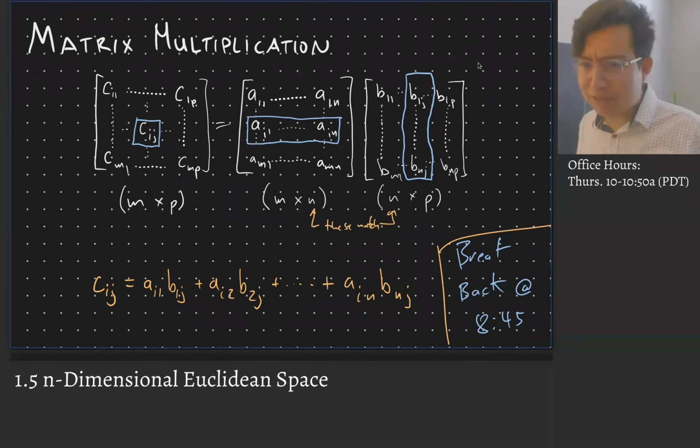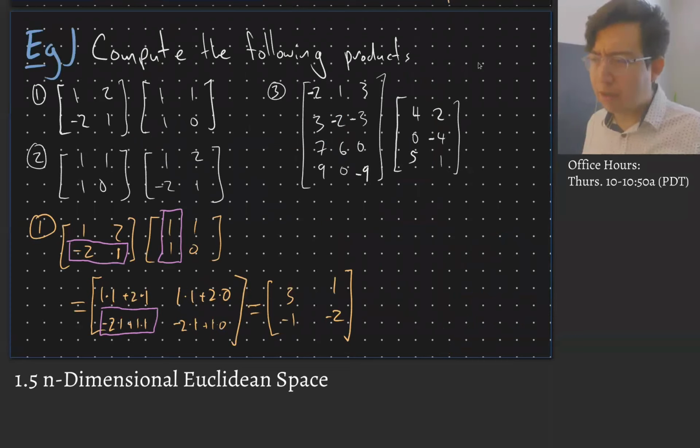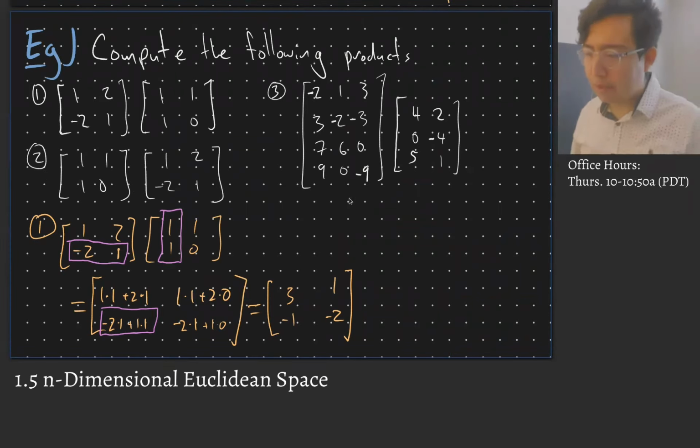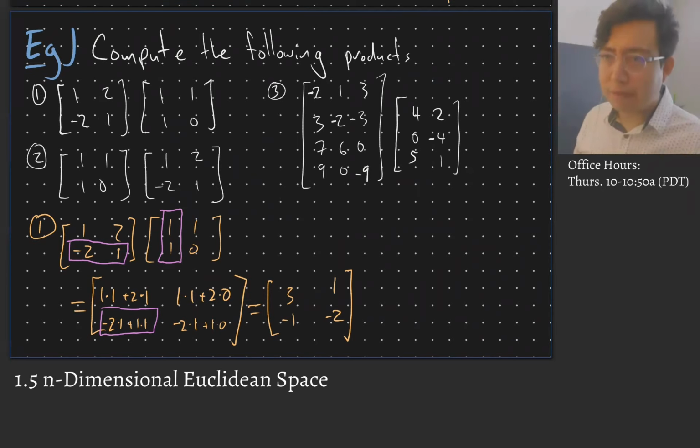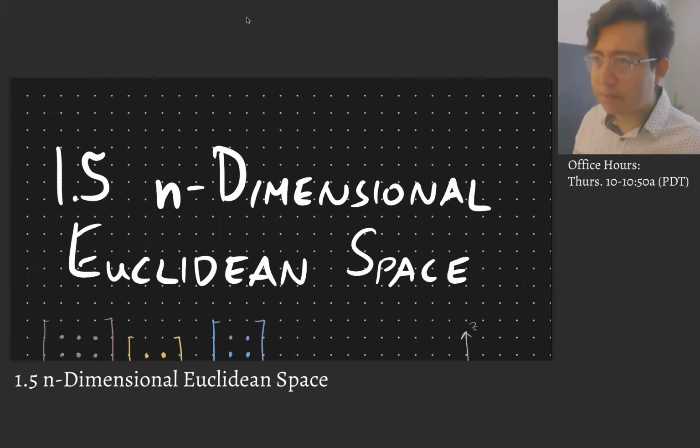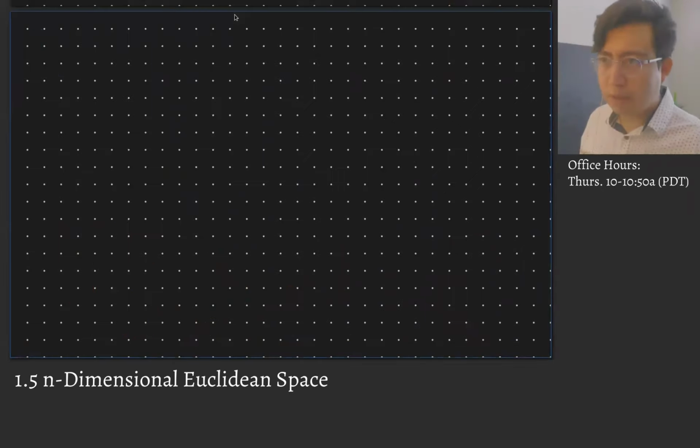Okay, let's jump back into a few more examples. Here's another 2x2 example. Let me run through this one real quick. I'm going to need a little more space. So here we have the second example.